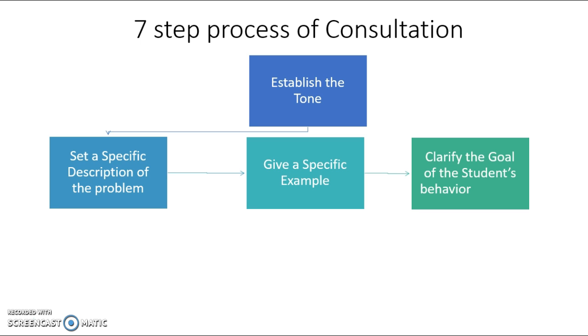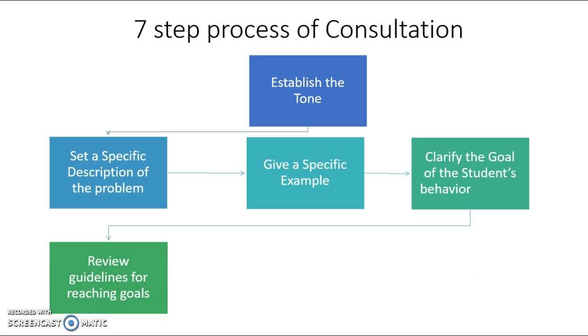Step 4 is to help them clarify the goal of the student's misbehavior and perhaps the teacher's troubling belief. So again, we'll go back to that. If you want to reference the table back on page 49, we're looking at that Adlerian psychology, the goals of behavior. Step 5, we'll review the guidelines for reaching the goal. So if the student's goal of misbehavior is attention, how can we find ways to catch them being good?